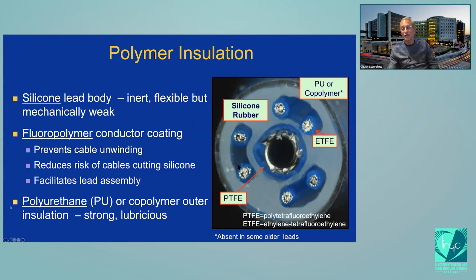It also makes it easier just to build the leads and pass the cables through there. And on the outside, we often have a more resistant, tougher polymer, so that the silicone, which is biologically inert and very flexible, but not as strong and not as tough, can be coated by a tougher polymer.